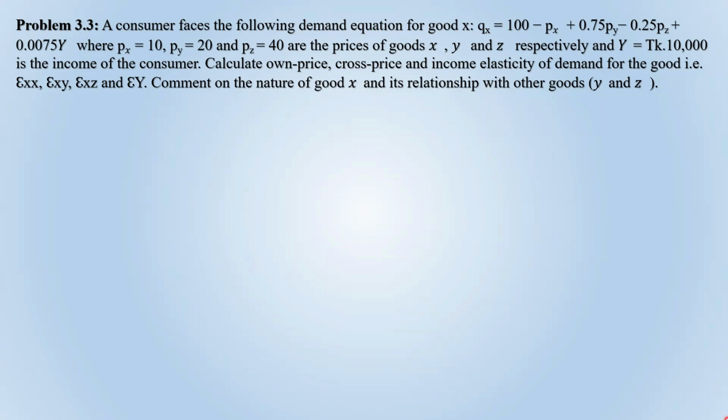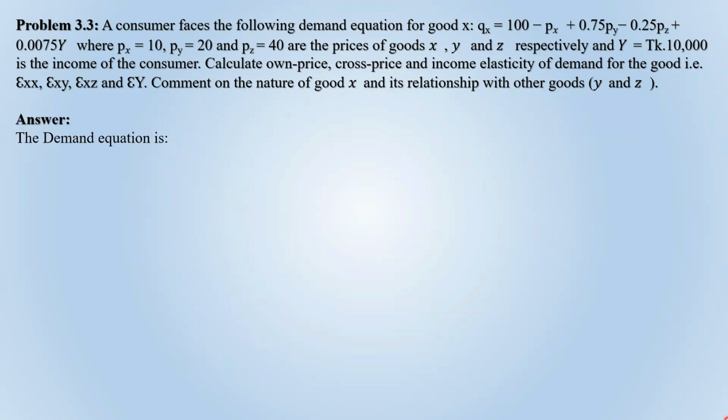Calculate own price, cross price, and income elasticity of demand for the good, that is epsilon xx, epsilon xy, epsilon xz, and epsilon y. Comment on the nature of good X and its relationship with other goods Y and Z.